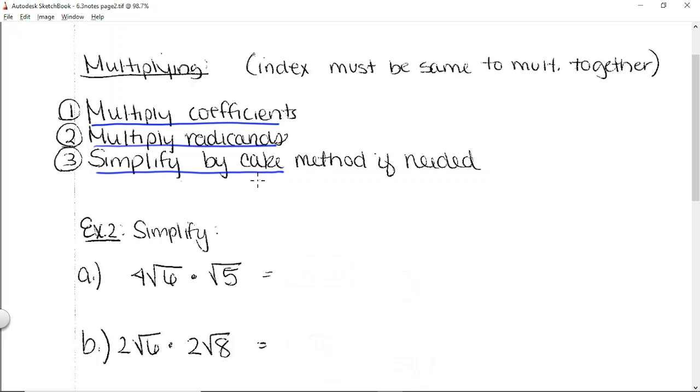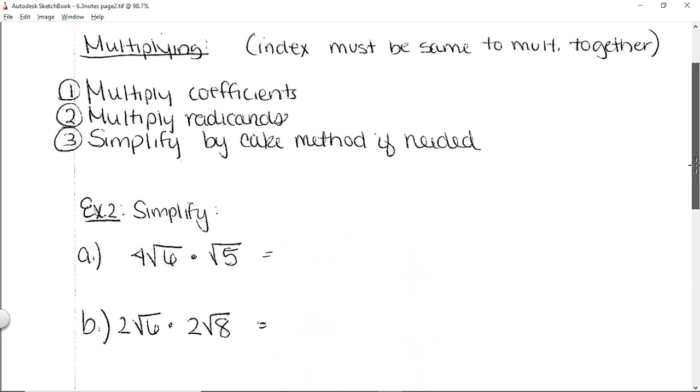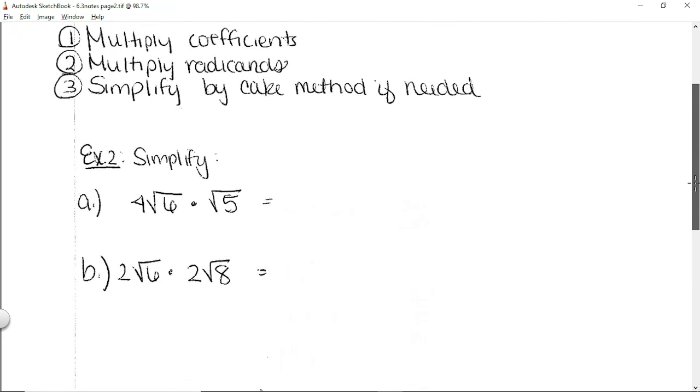Okay, so let's look. Simplify these. We're going to multiply the coefficients and then the radicand and then simplify by the cake method. So coefficients here, it's just 4 times 1, right? There's no coefficient in the second one.